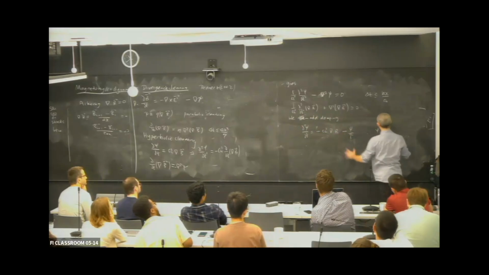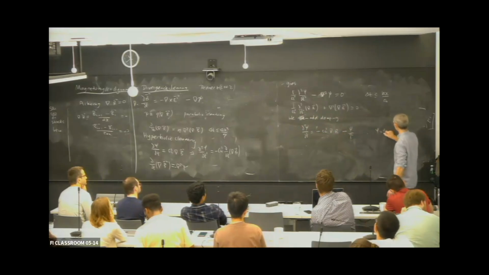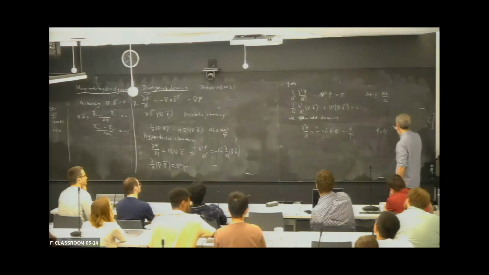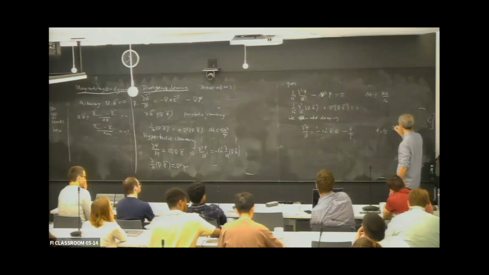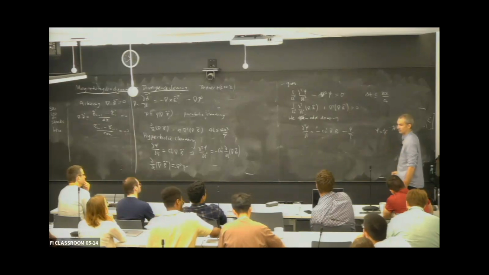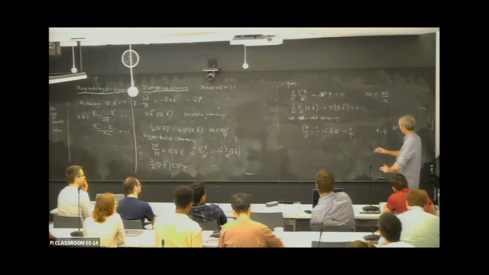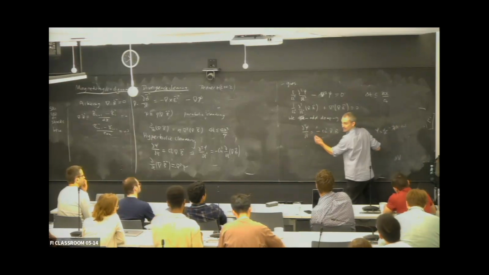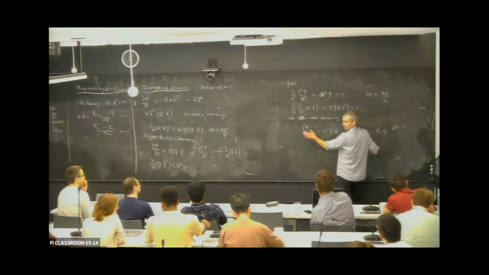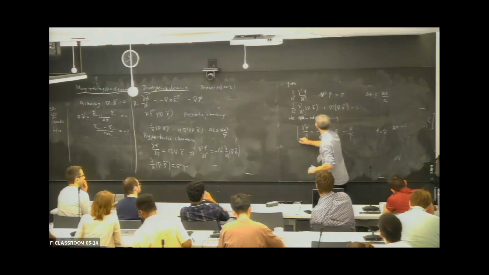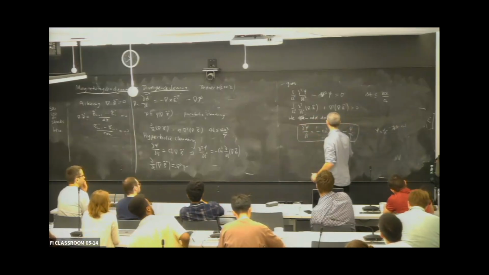If I just had that term, my solution would be psi naught e to the minus (t minus t naught) over tau. It's just a separable differential equation, so that's like d log. Everyone happy with that one? Okay, so this is basically called hyperbolic parabolic cleaning.